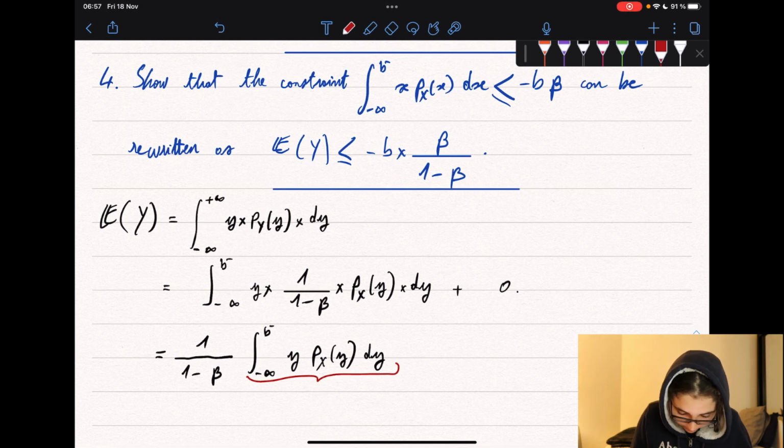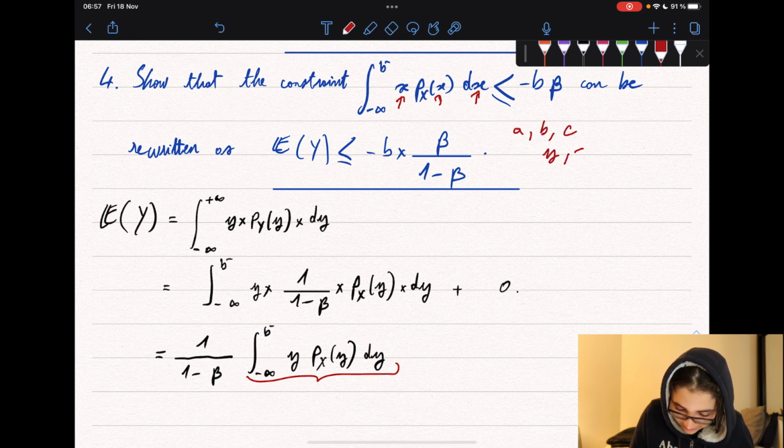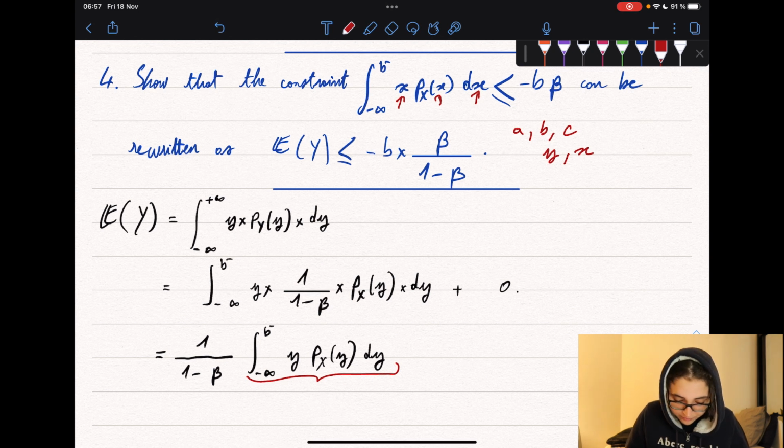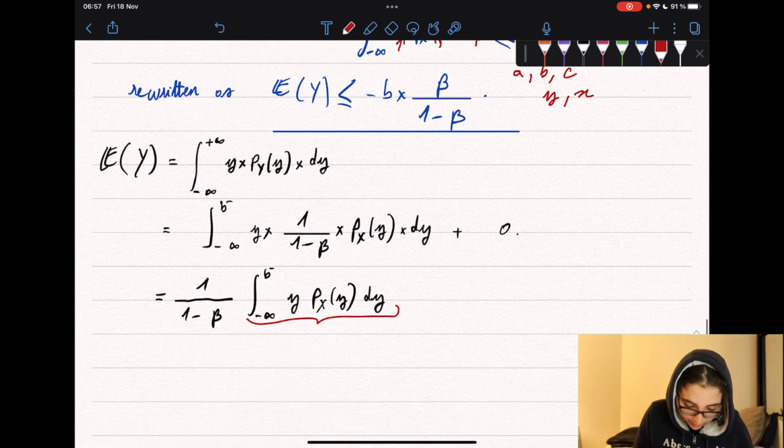It's just that here we are using y as a variable, and it doesn't really matter because we can call it, as we have seen earlier, a, b, c, y, x, etc. We actually have a bound for this, and we're going to express a bound for the expectation function of y by leveraging the bound that we have on this integral.